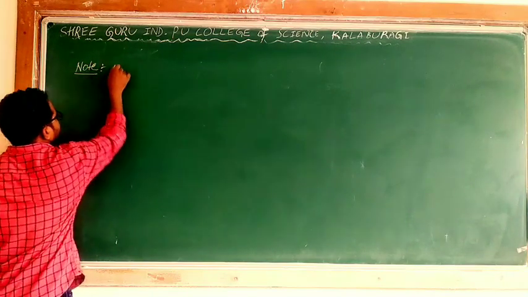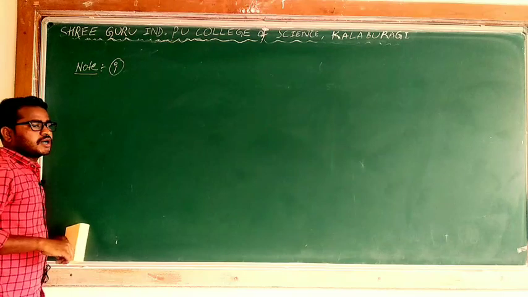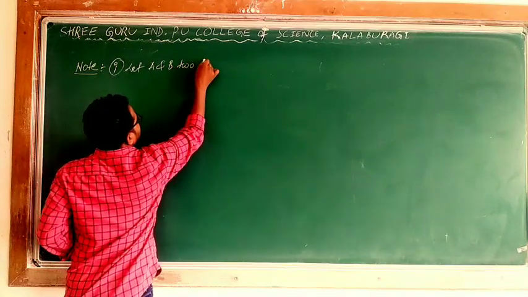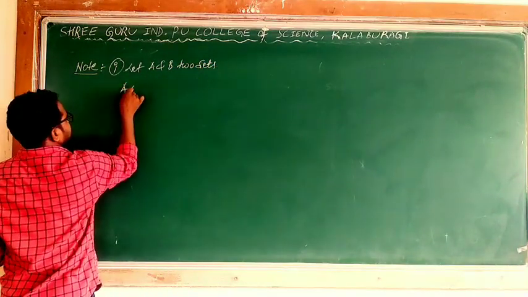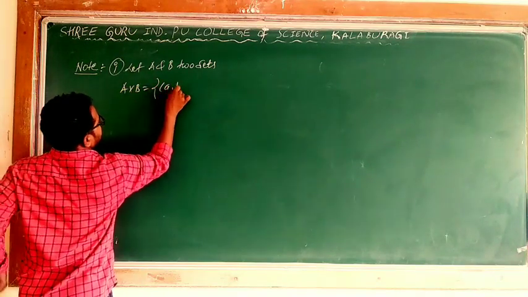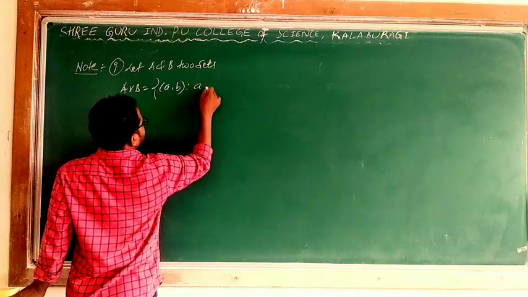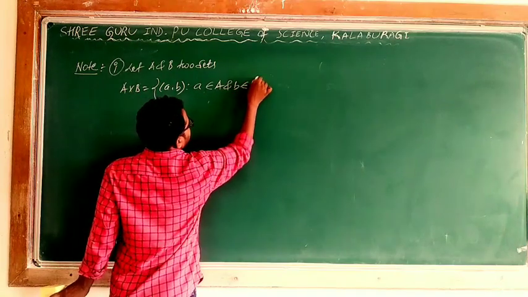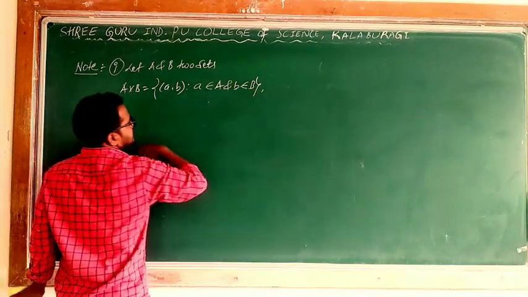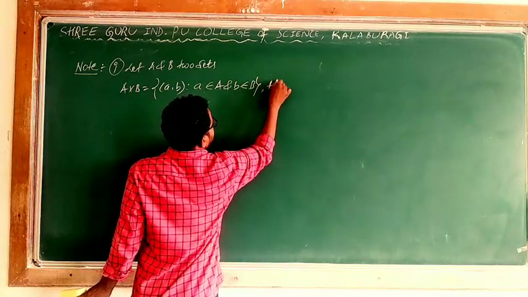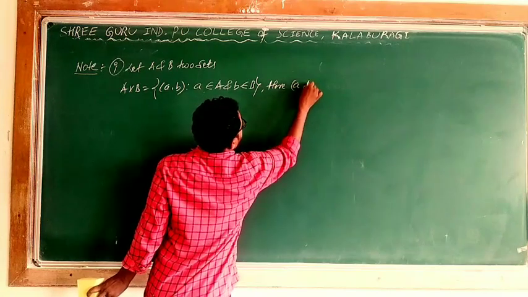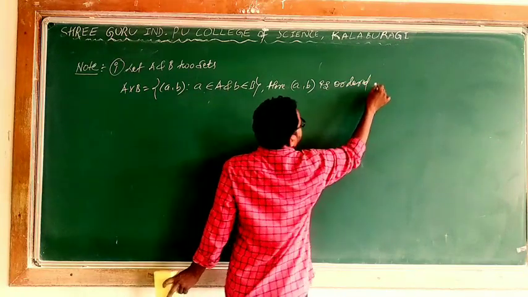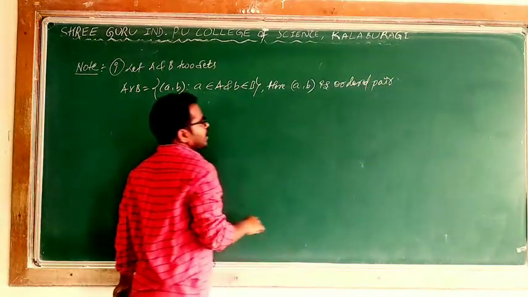First one: let A and B be two sets, then the Cartesian product A cross B is equal to the set of (a, b) such that a belongs to capital A and b belongs to capital B. Here (a, b) is considered as an ordered pair.